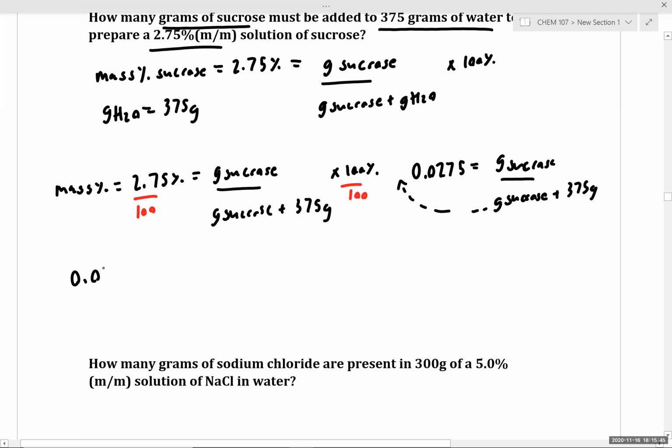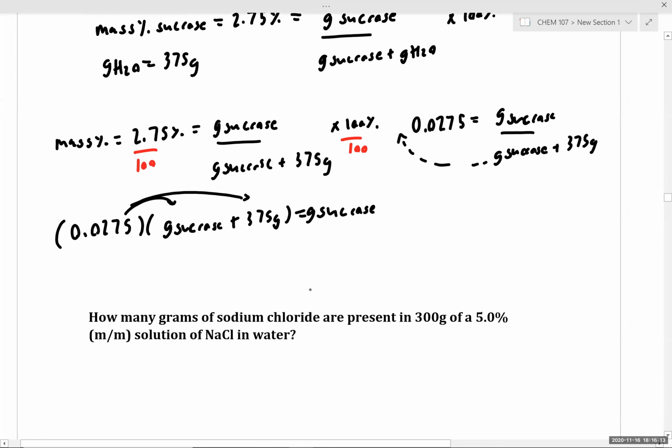So we have 0.0275 times the grams of sucrose plus 375 grams is equal to the grams of sucrose. Okay, so we can distribute this term.